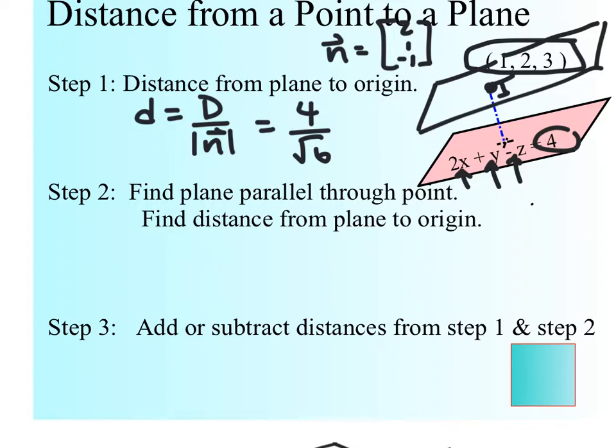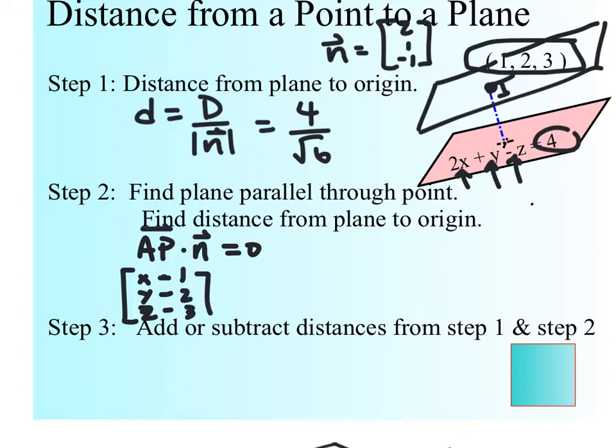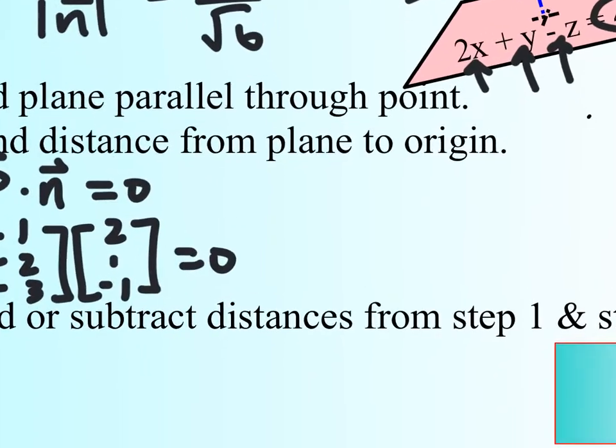So I'm going to take, if you recall, AP dotted with the normal, and that should equal 0. So AP would be (x, y, z) minus (1, 2, 3), dotted with the normal, which is (2, 1, negative 1), should equal 0. So let's do that.